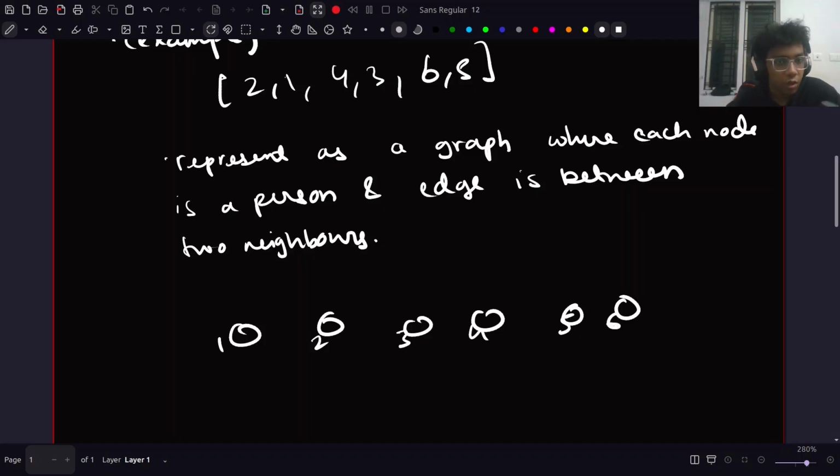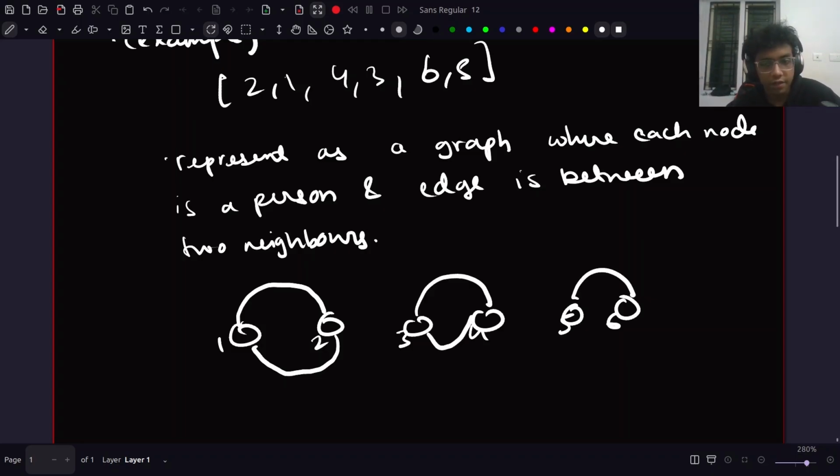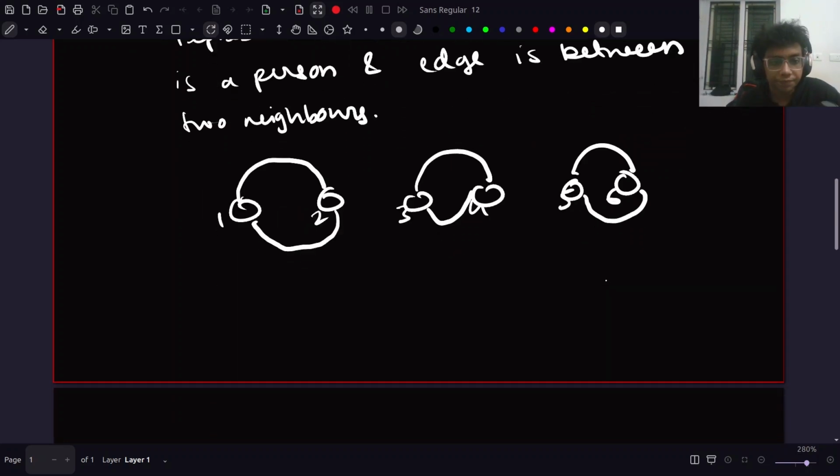One known neighbor of person 1 is person 2, because we have 2 and 1. Similarly, one known neighbor of person 2 is person 1, so we get edges like this. Similarly, between 3 and 4 and between 5 and 6 we get edges like this for the given example. Now how do we see the minimum number?